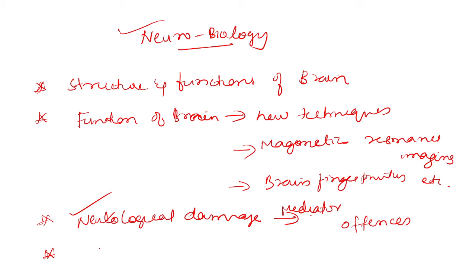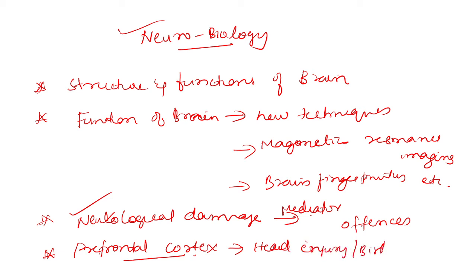Evidence suggests that damage to the prefrontal cortex of the brain, through any kind of head injury, birth complication, or diseases, can cause it. It can be a head injury, a birth defect, or any kind of disease, or use of drugs like alcohol.